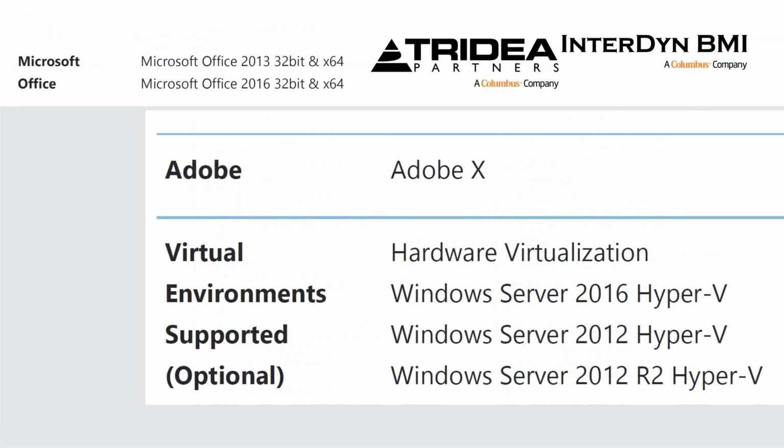But anything that's a current shipping product for Office, you would be fine. And Adobe, if you decide to use that for PDF creation, and Adobe is not required for PDF functionality inside of the software, but it is the de facto one out there that most people use. Adobe 10 is the current supported version.